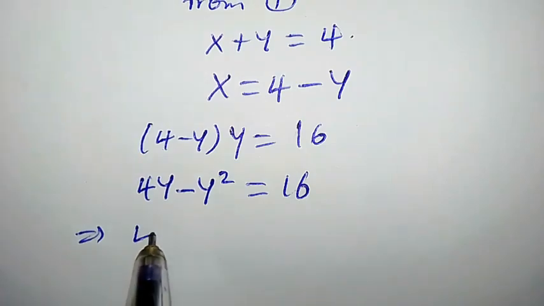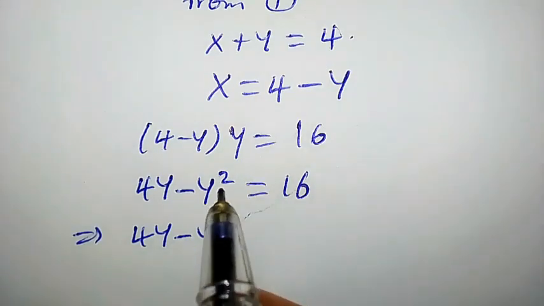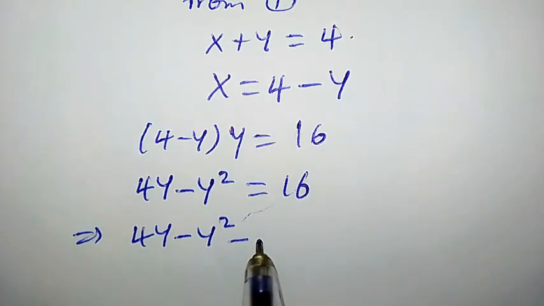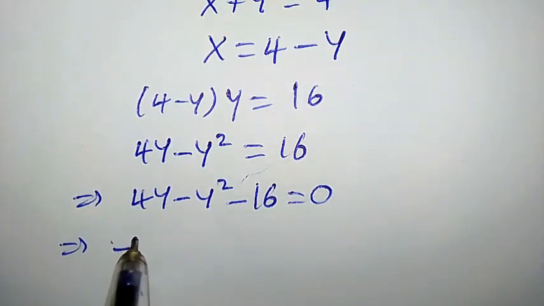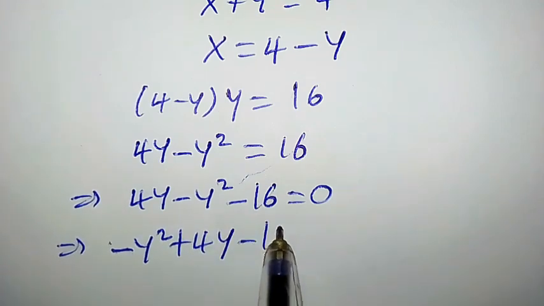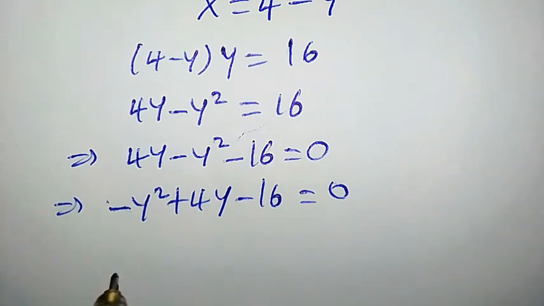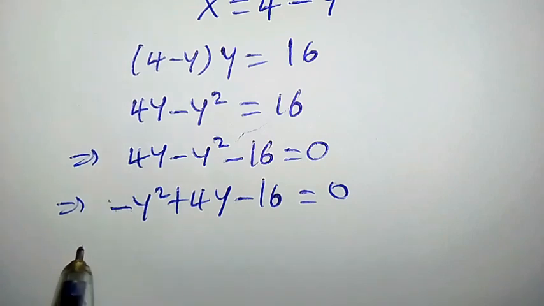This implies that 4y minus y square. When 16 comes to the left hand side, we have minus 16 equals 0. This implies that minus y square plus 4y minus 16 equals 0. Now, let us multiply both sides by negative 1 to get rid of this negative sign.